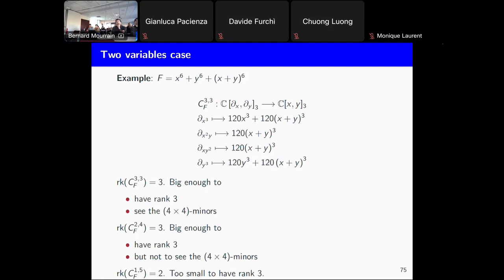And so if I do next the third catalecticant, you see this will be the one that has the biggest possible size to see some minors. Because from the next size, if I start doing the fourth versus the second one, I really will have the transpose of the previous one.